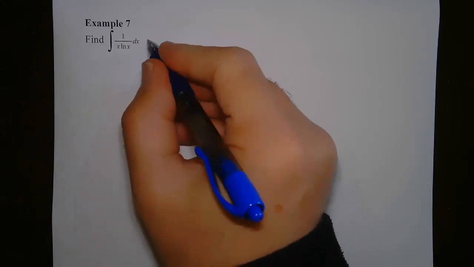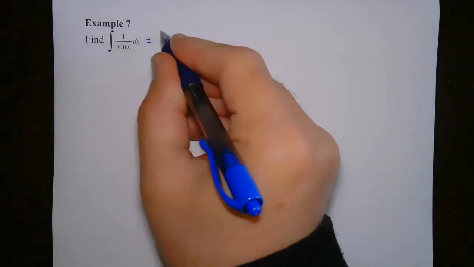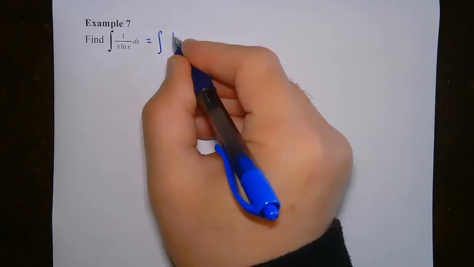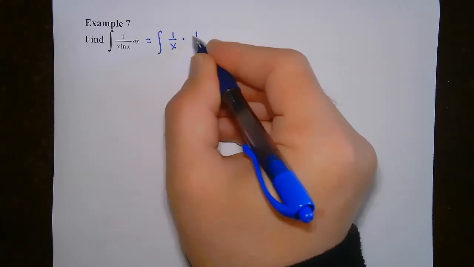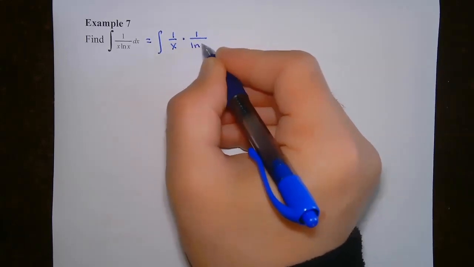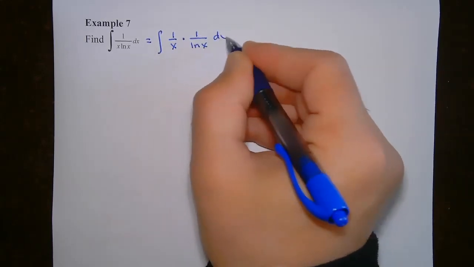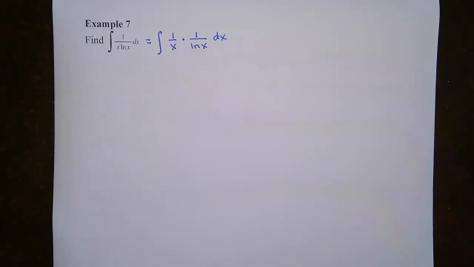Well, it's 1 over x. So what if we rewrite this as the integral of 1 over x times 1 over the natural log of x dx. Writing it this way really helps you see it.